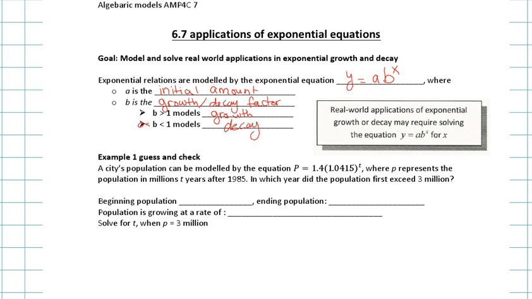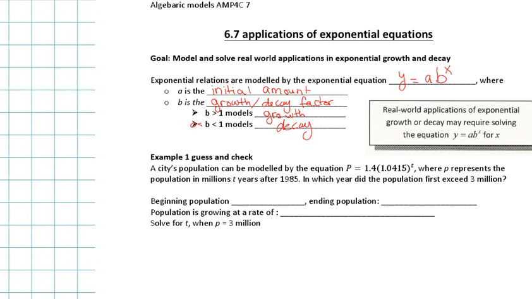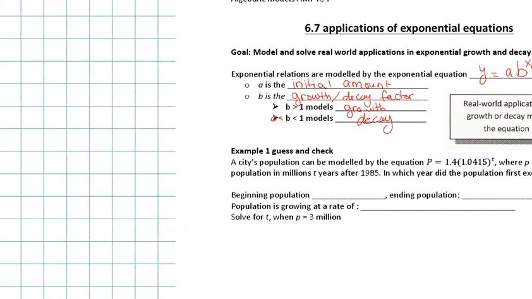And if you guys remember, we talked about this before, in grade 11. So y equals a(1 plus i) to the power of x, or n or whatever, and y equals a(1 minus i) to the power of x, right? Where i is the rate.